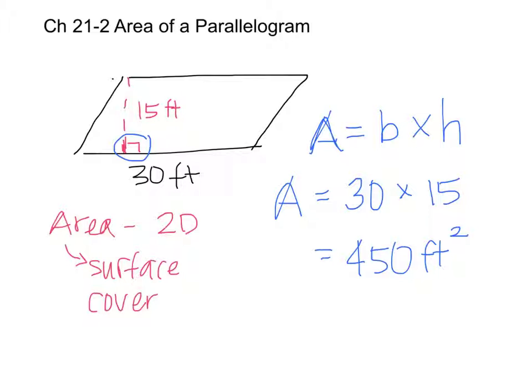And remember way back at the beginning of the year when you learned powers of 10 and exponents, right? The 2 is an exponent saying you're multiplying 2 numbers together to get the area. So you have 450 feet squared. So that's how much area needs to be covered. So once you know the area, you can figure out how much paint you need to go out and buy and make sure it covers that area.